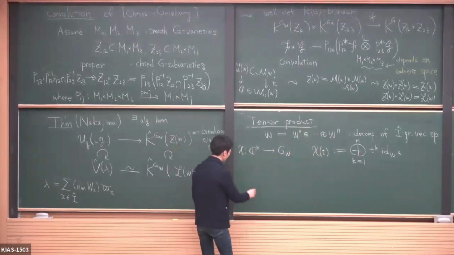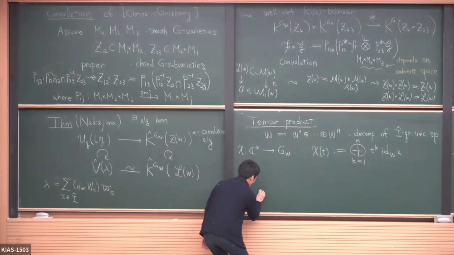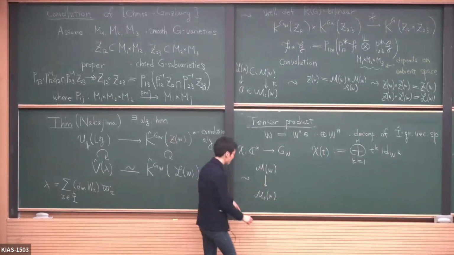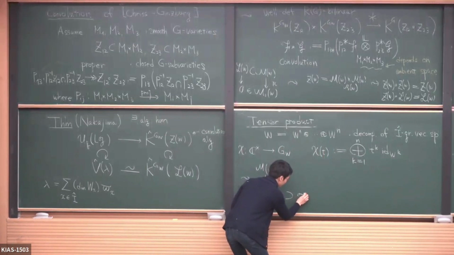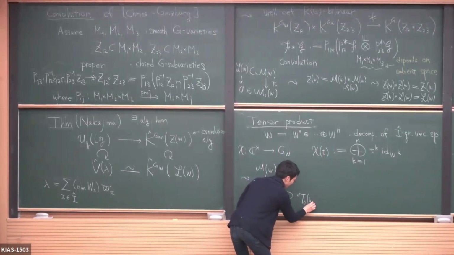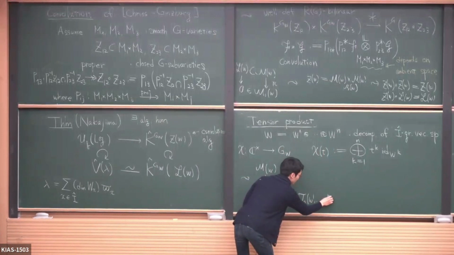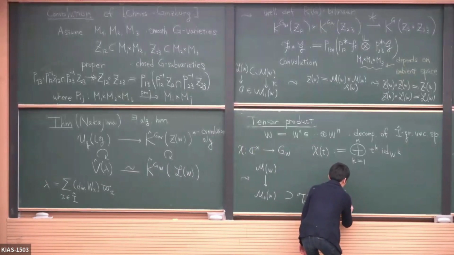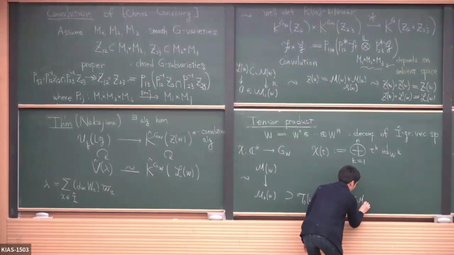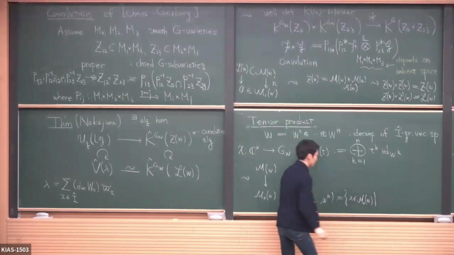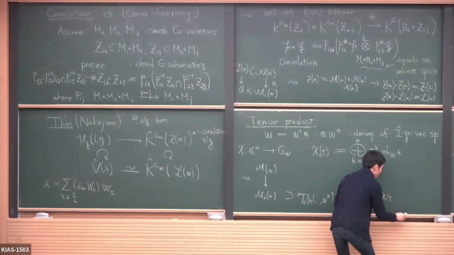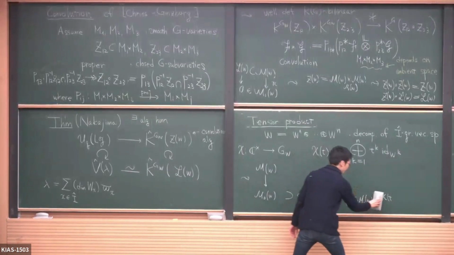Okay, and then we have graded quiver variety. So we define a closed subvariety of this, denoted by T0. So this will be the space of points in M0 which are attracted to the origin.